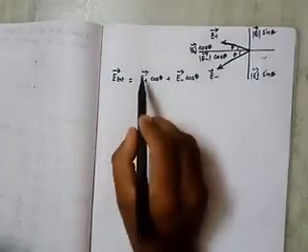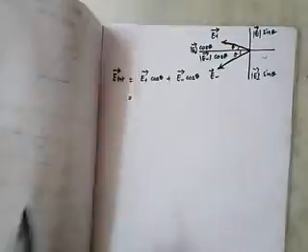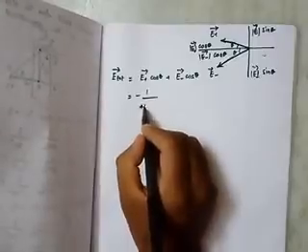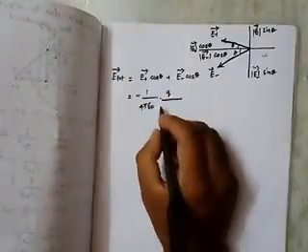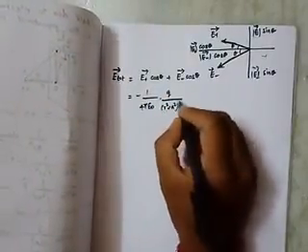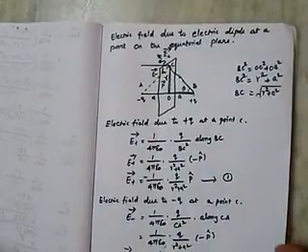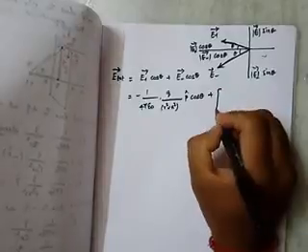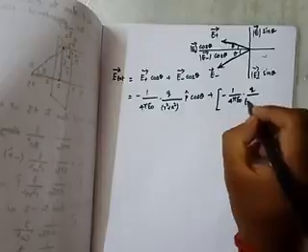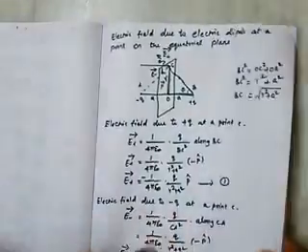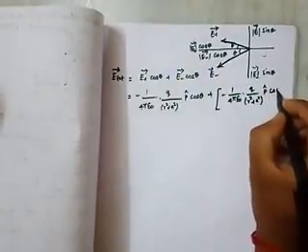Okay, already you know the values: E plus vector is equal to minus 1 divided by 4 pi epsilon naught, q divided by r square plus a square, p cap cos theta, plus, what is the value of E minus, is equal to minus 1 divided by 4 pi epsilon naught, q divided by r square plus a square, p cap cos theta.